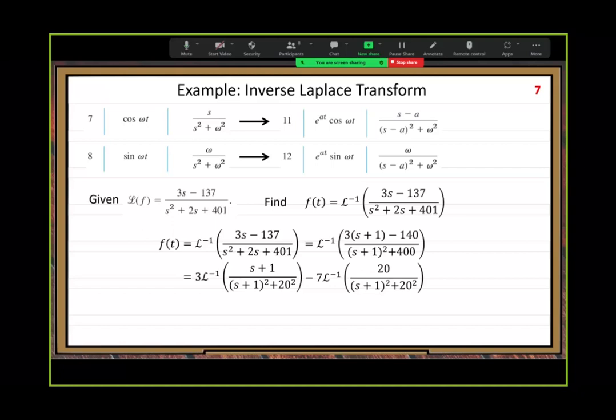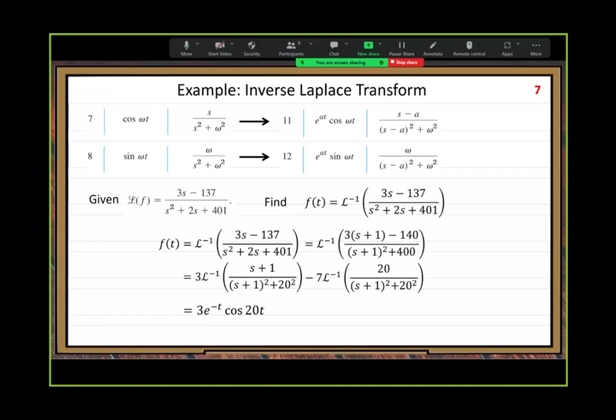Then we can apply the first shifting theorem. Because we know a is -1, we get e to this. Then omega is 20 here, so cosine omega t.